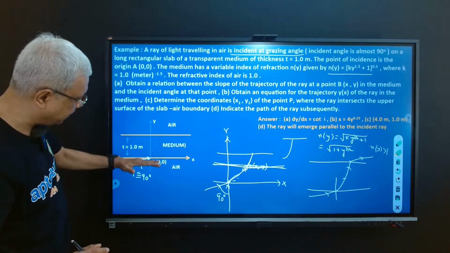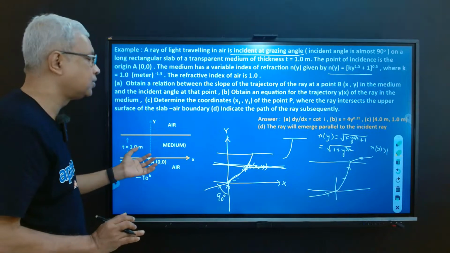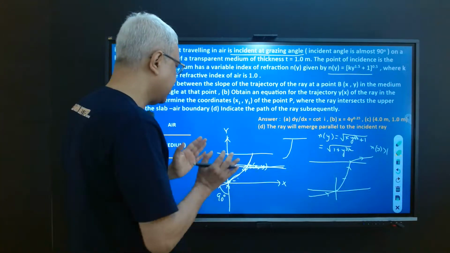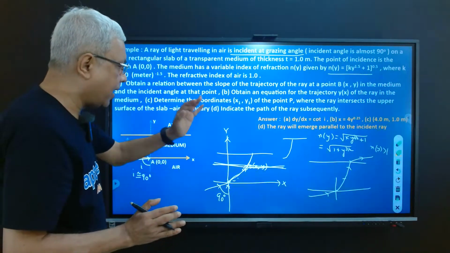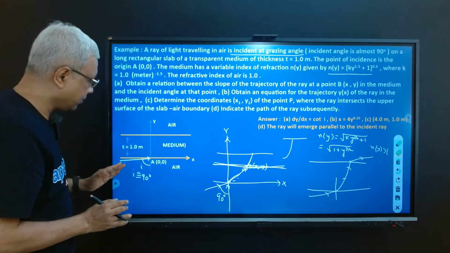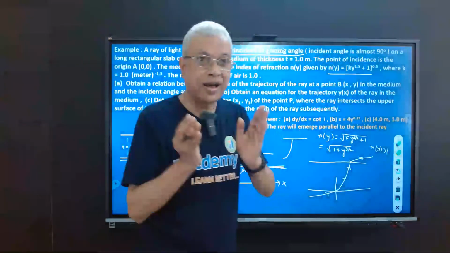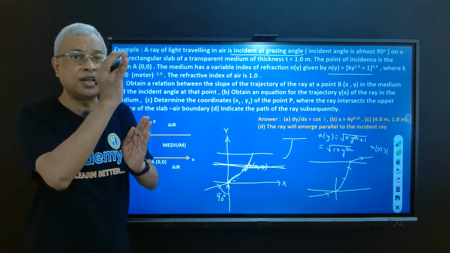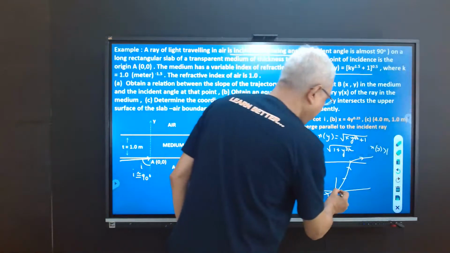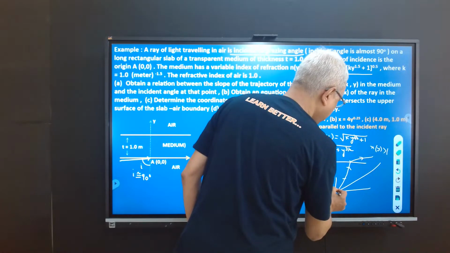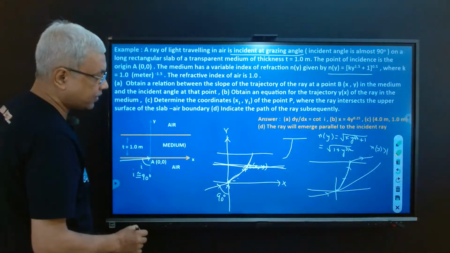Initially, the refractive index below the slab was unity, and as the ray enters, it sees a refractive index more than unity, and therefore the light ray goes from a rarer to a denser medium. As a result, the light ray will continuously bend towards the normal. So instead of a straight path like this, the path will be bent towards the normal and will be like this.